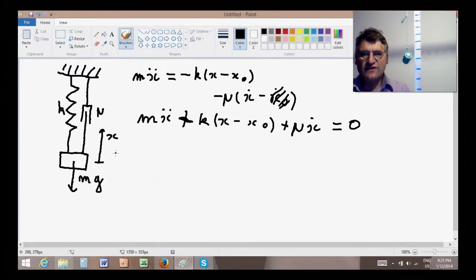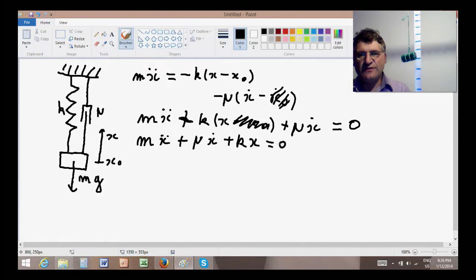Now, if we measure x from the position x0, then really we can assume x0 is 0 and neglect this term. This gives us the simplified equation m x double dot plus mu x dot plus k times x is equal to 0.